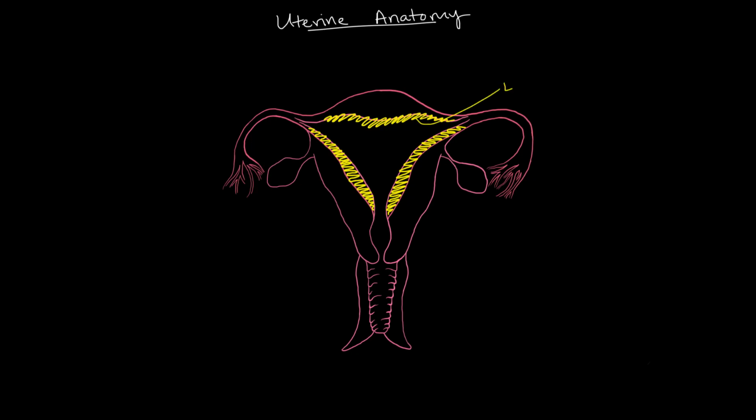Metrium means uterus, so if you ever see anything metrium, it's talking about the uterus. And endo just means the inside. So the endometrium is just the inner lining of the uterus.